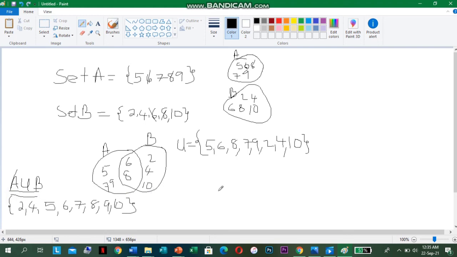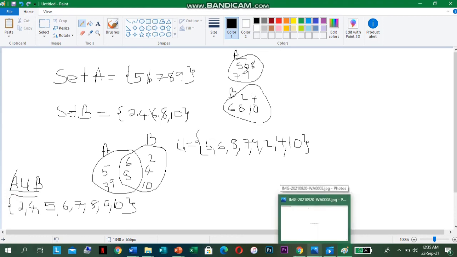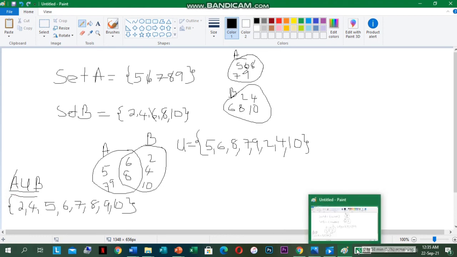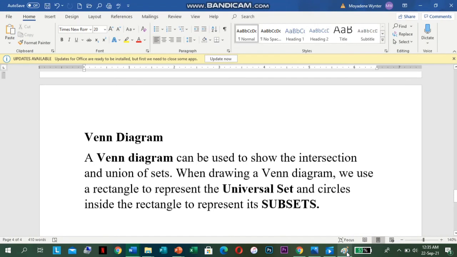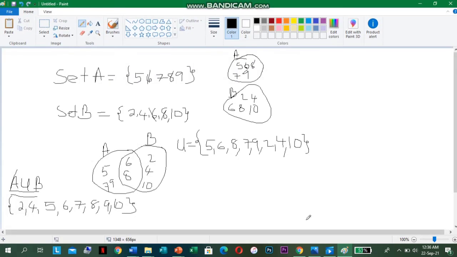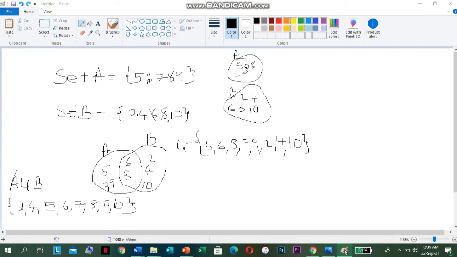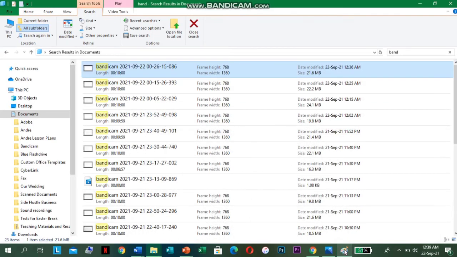Now we want to look at the next part of the definition.